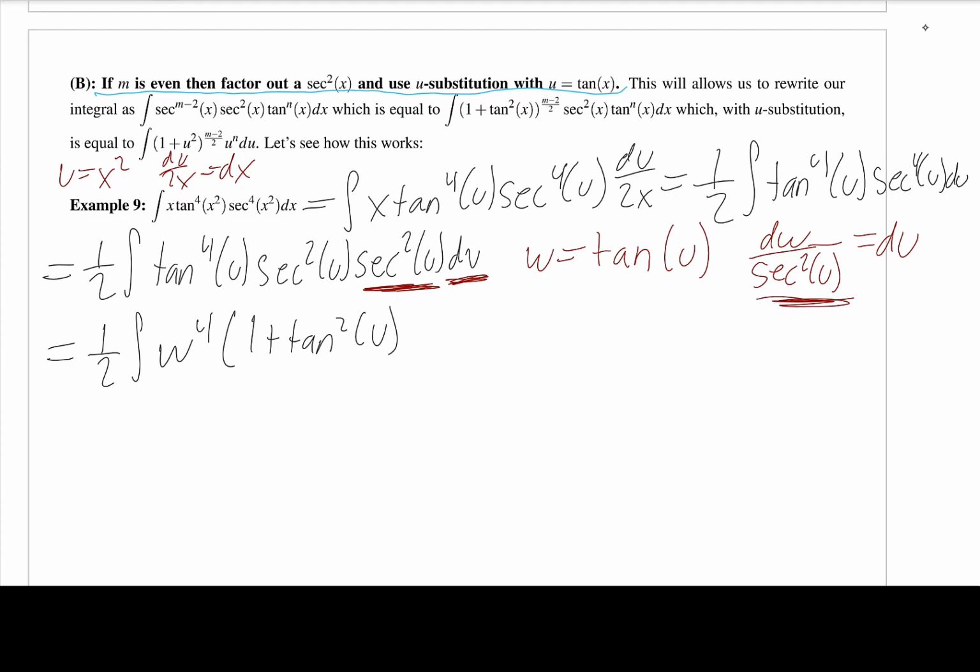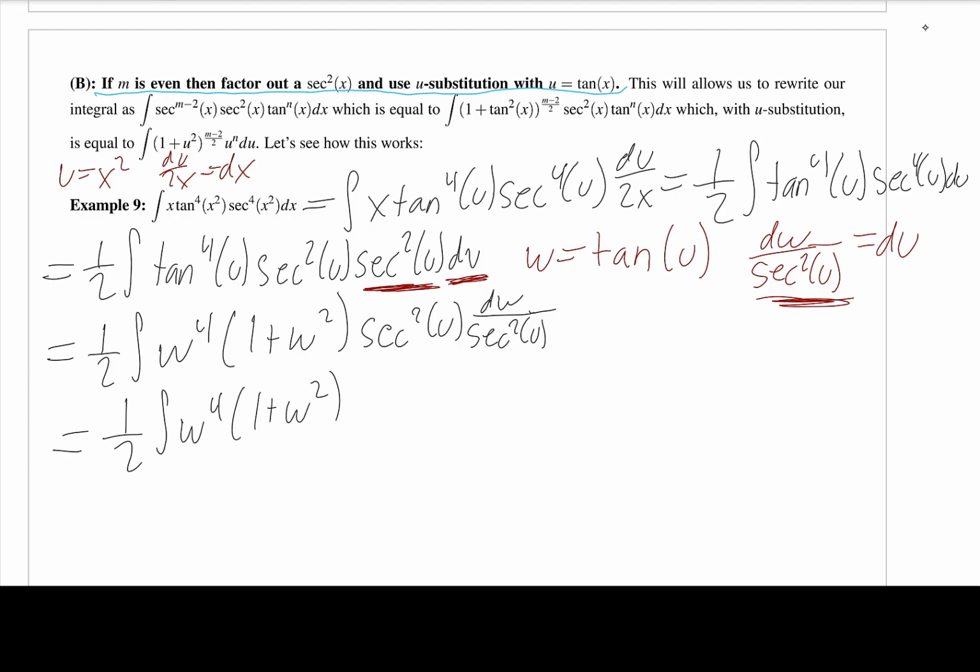And tangent of u is w, so this is 1 plus w squared. And then we leave this secant squared alone. We plug in for du, so we get dw over secant squared of u. These cancel. And so our integral will become 1/2 the integral of w to the fourth times 1 plus w squared dw.